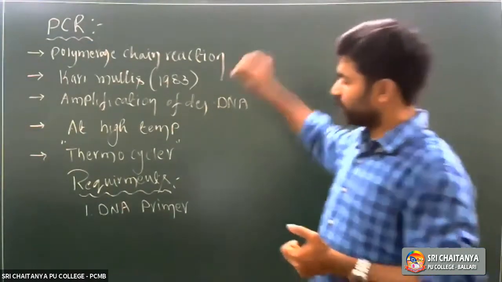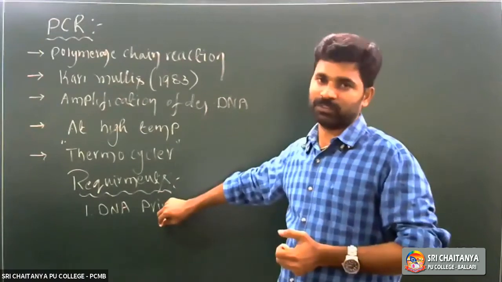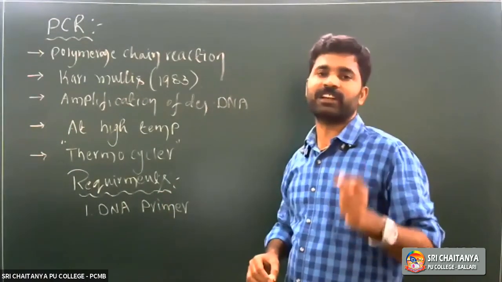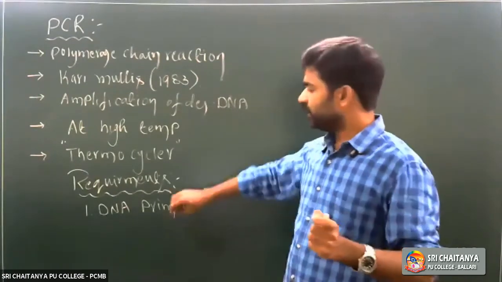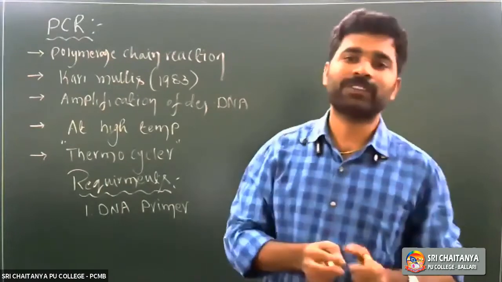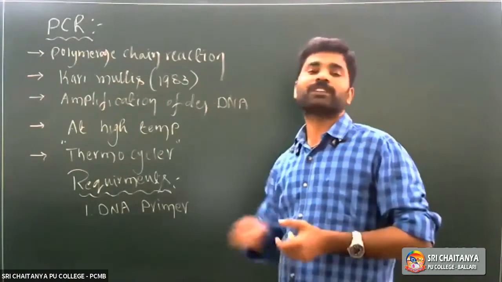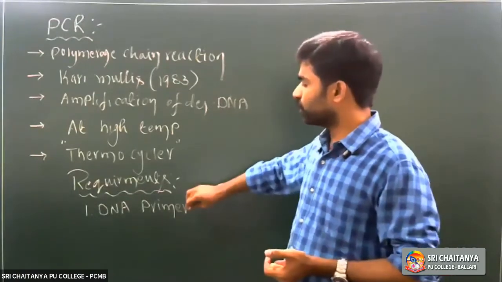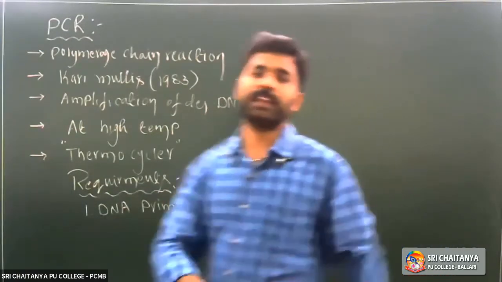But in this technique, we are using DNA primers. A small segment of single stranded DNA molecule is called a DNA primer, right? Around how many nucleotides are present in that DNA primer? 13 to 14 nucleotides.